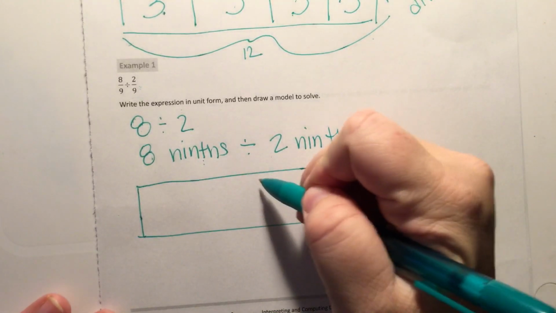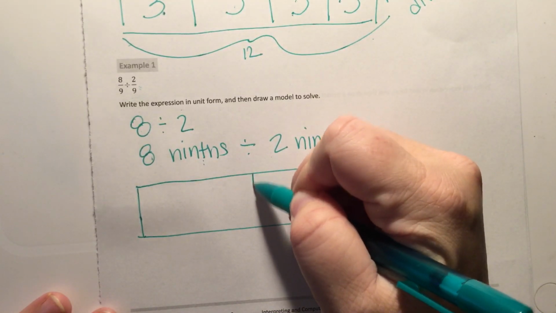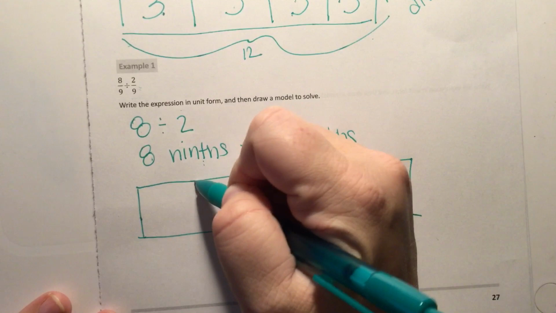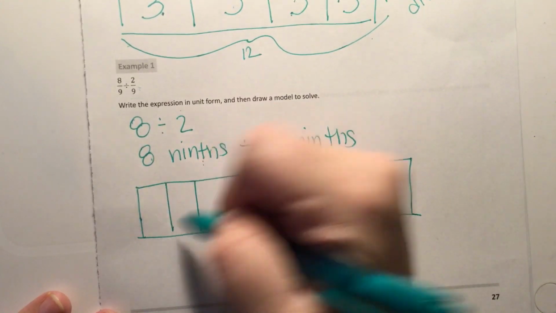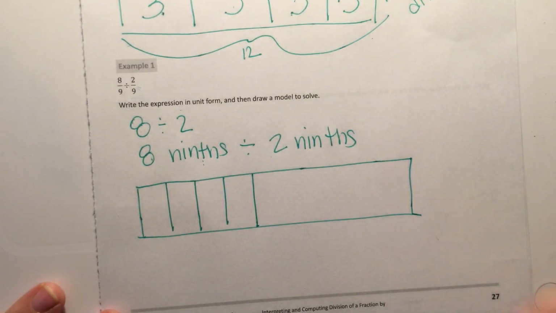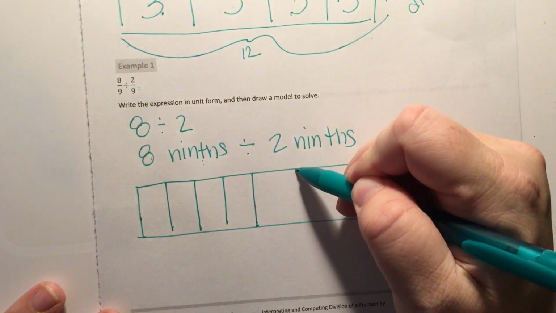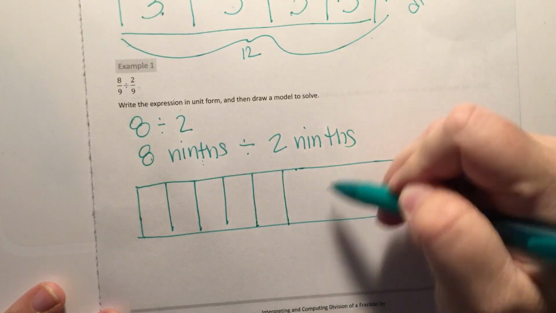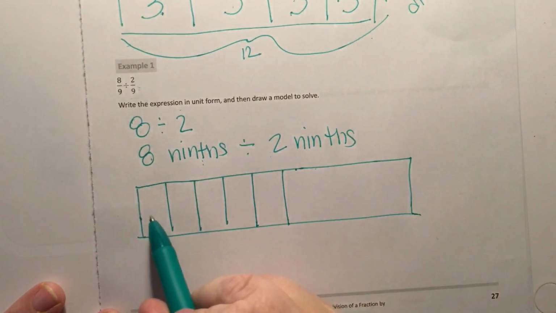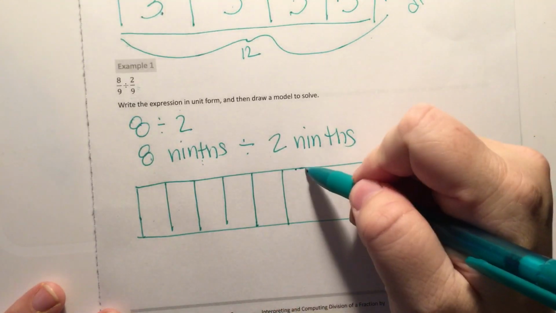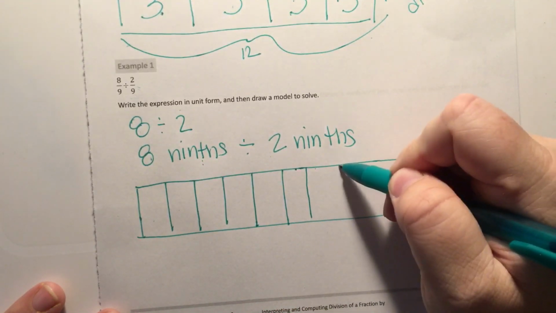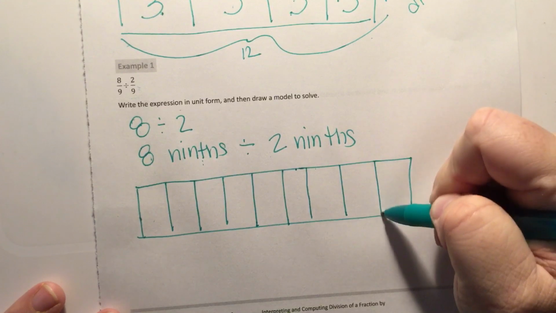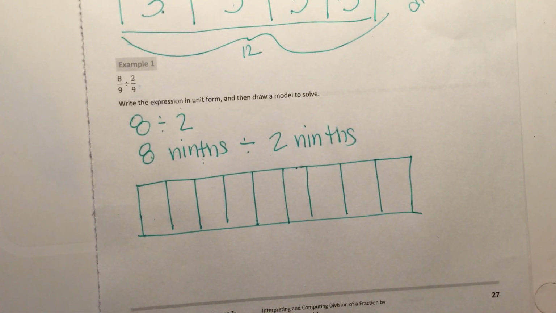It's a little bit more difficult. So I'm going to go a little bit off to the side here. I'm going to split this in half, so that's 2. So there's 4, right? I'm going to go probably 1, 2, 3, 4, 5, 6, 7, 8, 9. Okay, so there's my 9, right? Are we good? Okay, so there's my 9s.